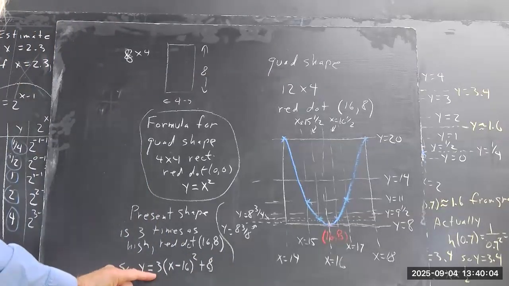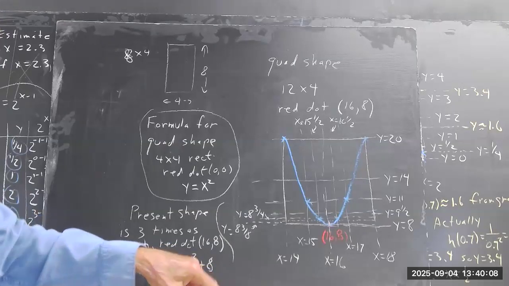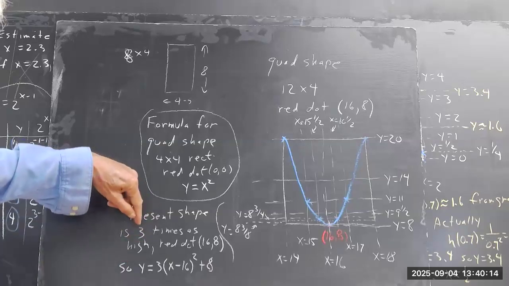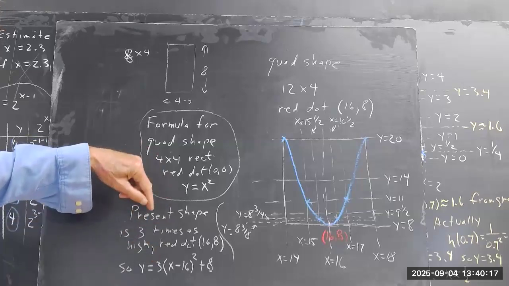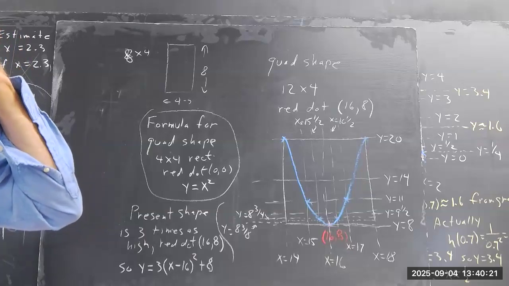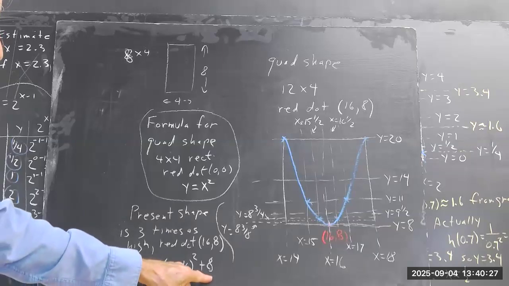So for this particular shape, y is 3 times the quantity x minus 16 squared plus 8. The 3 times as high goes out in front. The 16 is subtracted from x for reasons similar to those that we talked about last time with the x minus 2. And your 8 is tacked on the end.